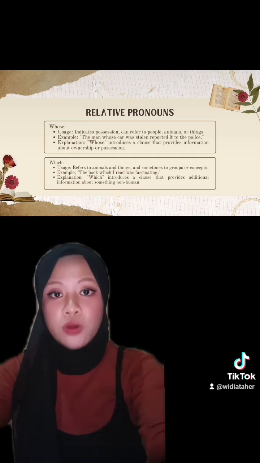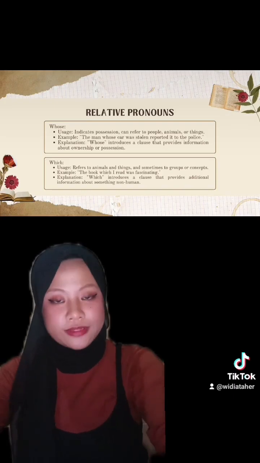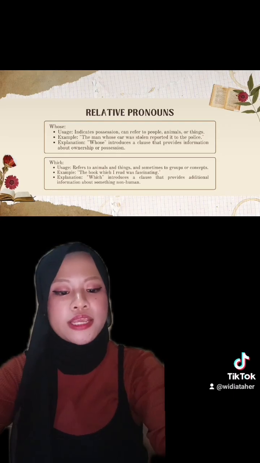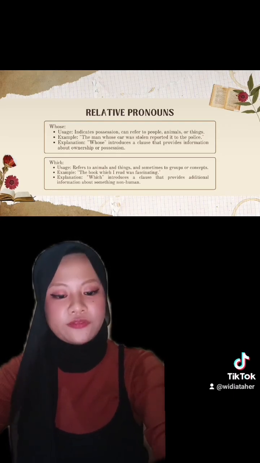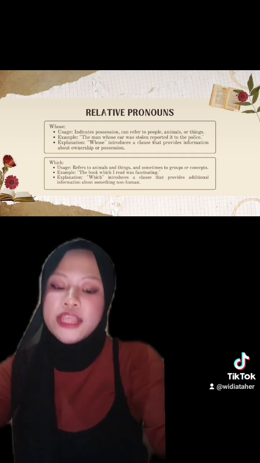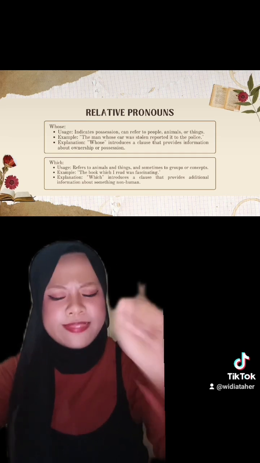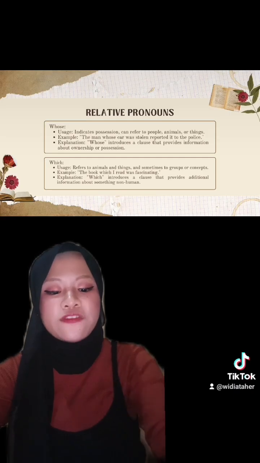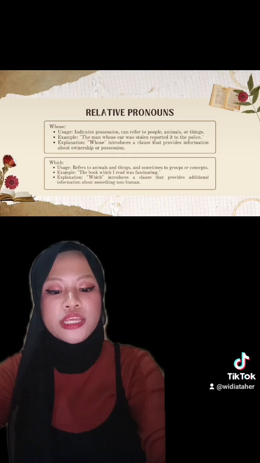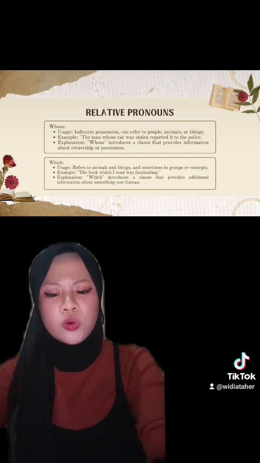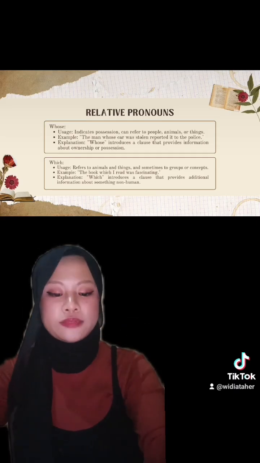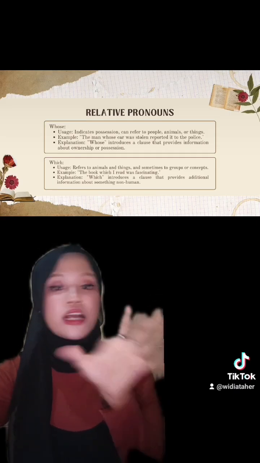And the last one about relative pronouns. That: usage can refer to people, animals, or things in defining relative clauses. Example, the movie that we watched last night was amazing. That is used to introduce a relative clause that is necessary to identify the noun it modifies. So, we can use that for people, animals, or things because it's defining everything.